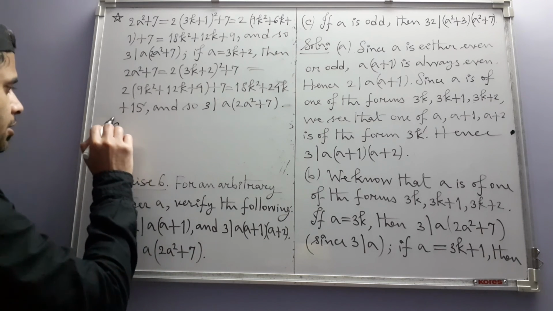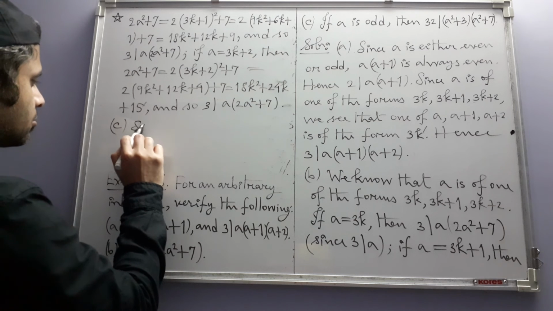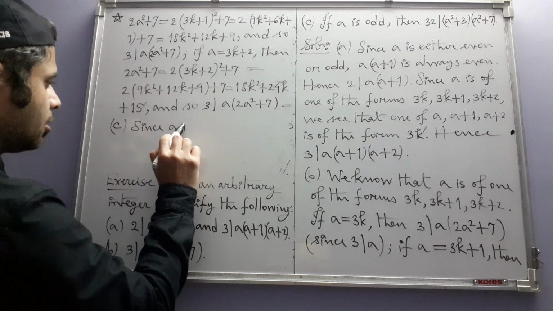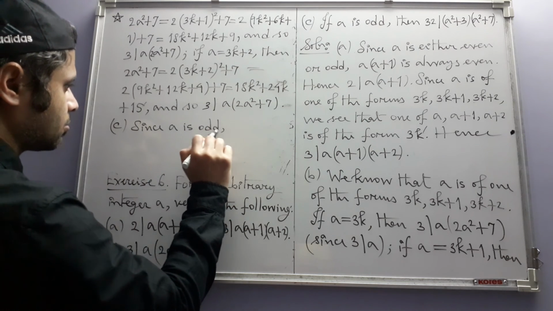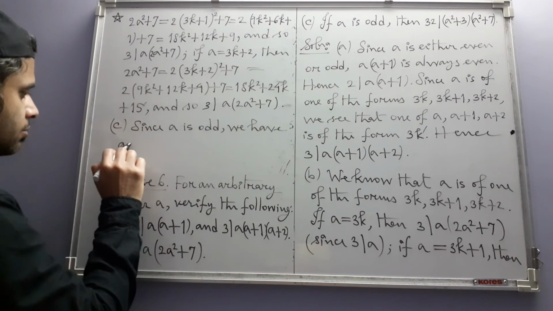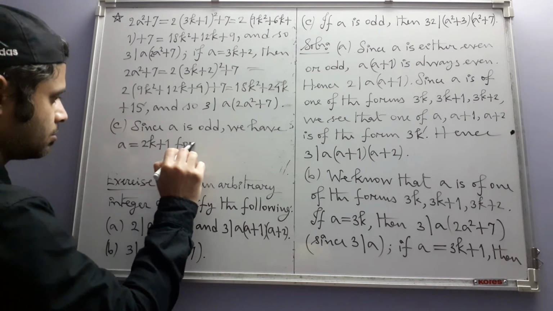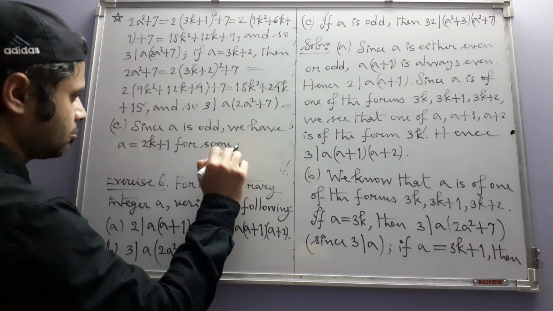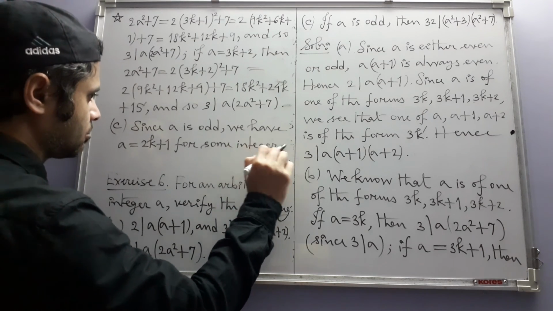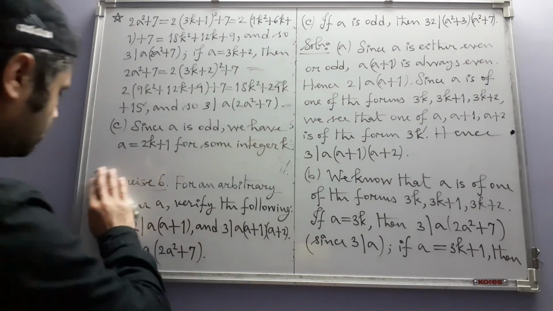Now in part C, it is given that A is odd. Since A is odd, we have A equal to 2k plus 1 for some integer k.